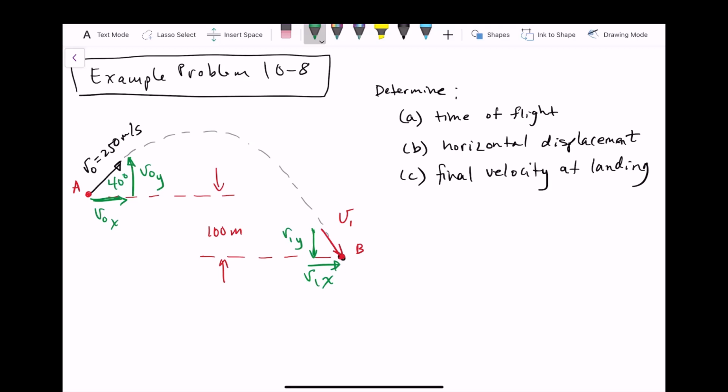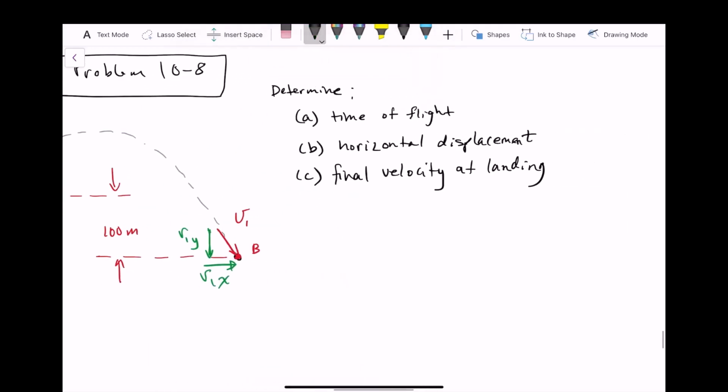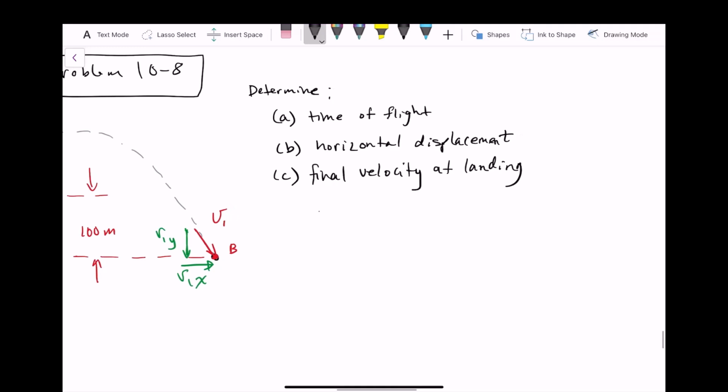Also quite helpful, once we're happy with the figure and we have everything written down, is to write out those three equations of motion. So we have S is equal to v0t plus 1/2 at squared.